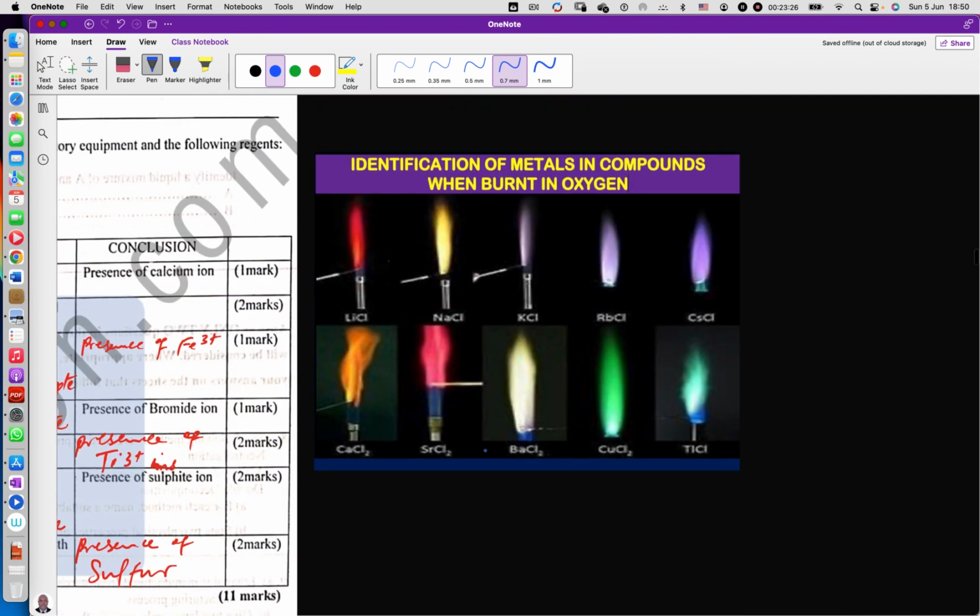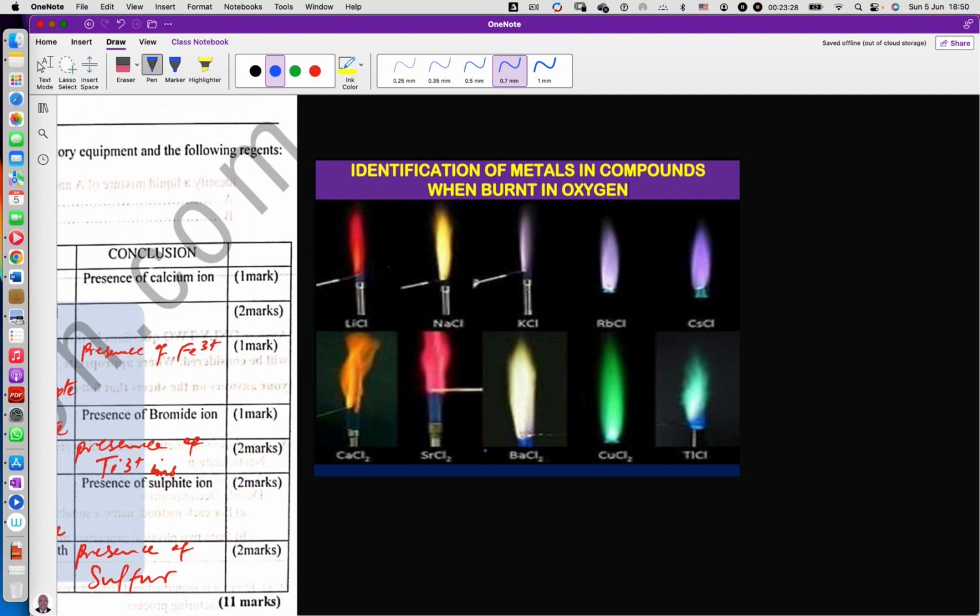Look, identification of metals in compounds when burnt in oxygen. All these are chloride salts. This is the flame of lithium chloride.